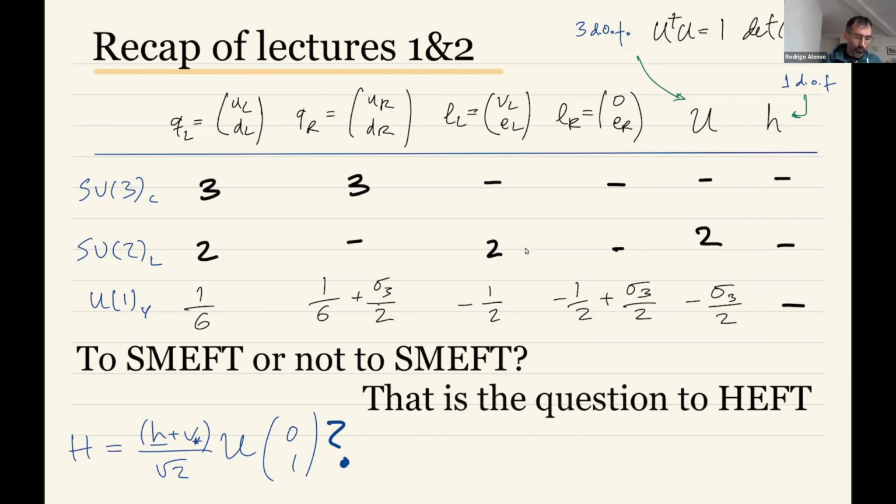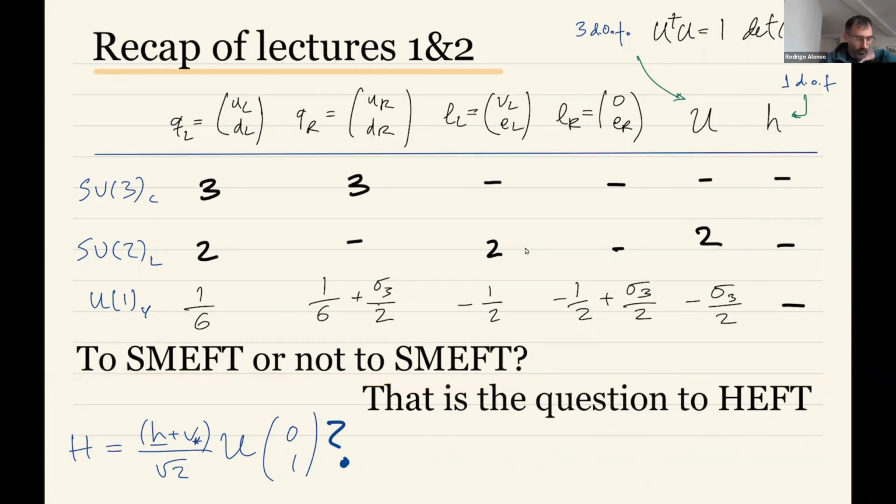And one of the big questions that we're trying to answer here, and I am disappointed in myself that I failed to emphasize this terrible pun that I wrote in here. Given that I'm in England and I'm reading more these days, I chose this wording: to SMEFT or not to SMEFT.